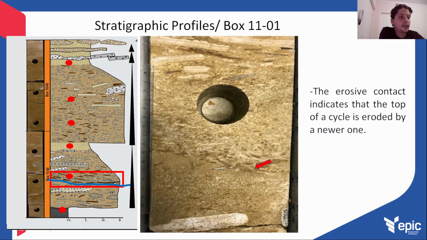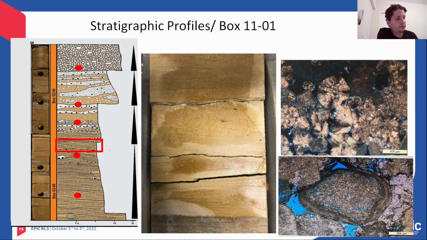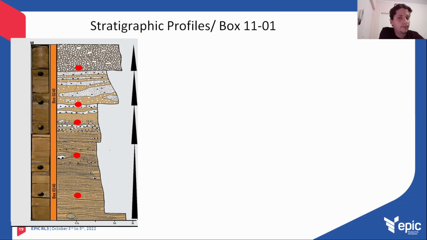Here we find erosive contact, representing the top of cycles eroded by a new one. And here, the grainstone with wave ripples is identified. They also exhibit an abundant occurrence of wood nucleated by spherulites and carbonate intraclasts.